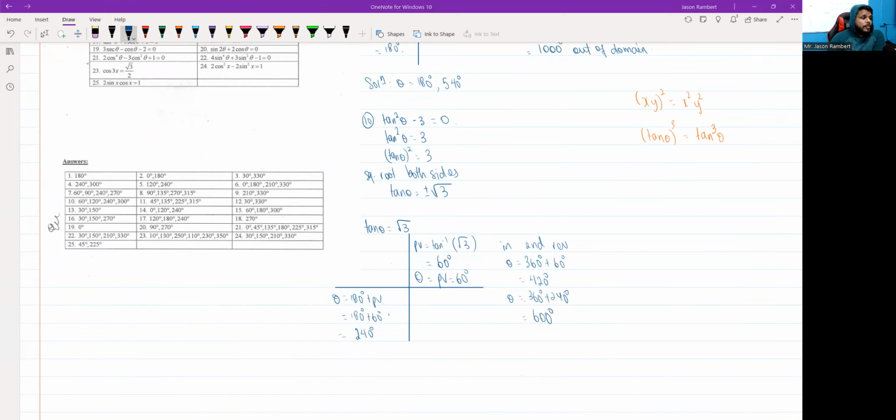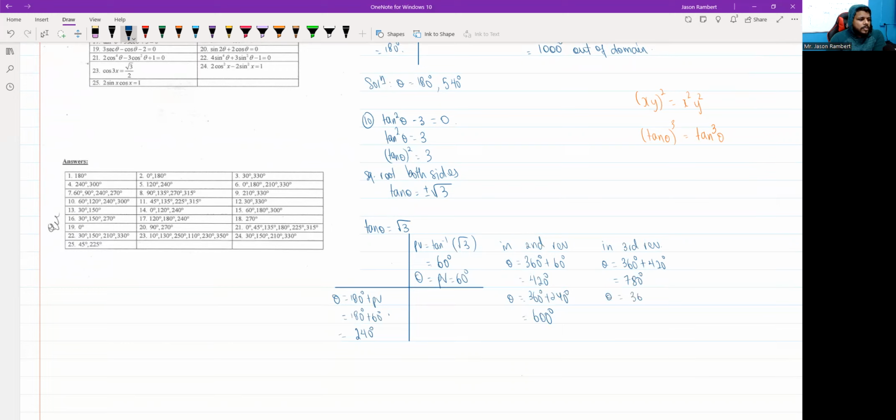I am not going out of the domain as yet, so I'll go to the third revolution. In the third revolution, theta is equal to 360 degrees plus the answer I got in my previous revolution, which is 420 degrees. That is 780 degrees. I am not going out of my domain as yet.